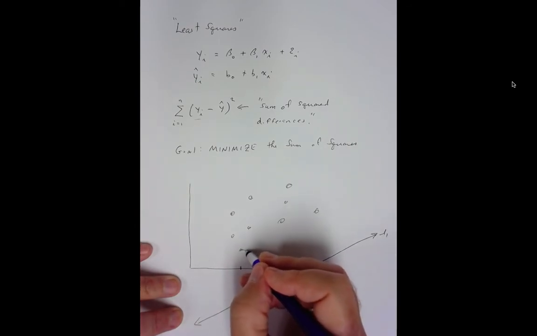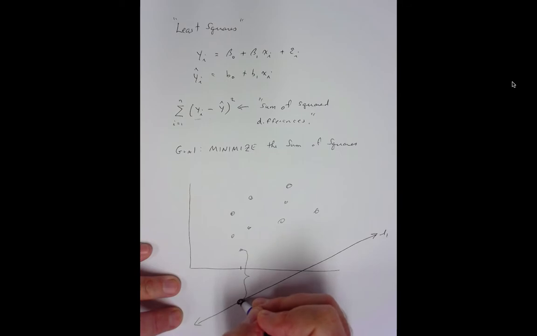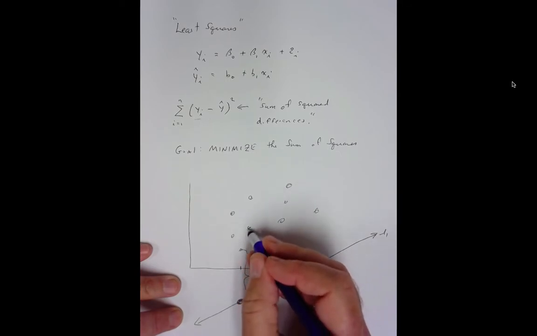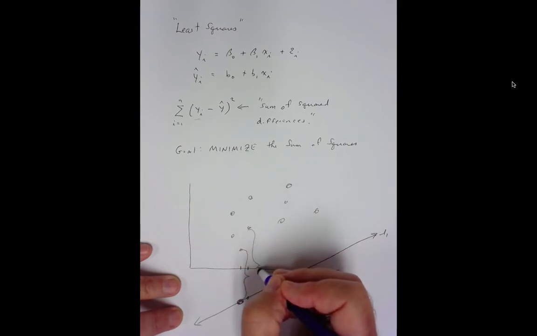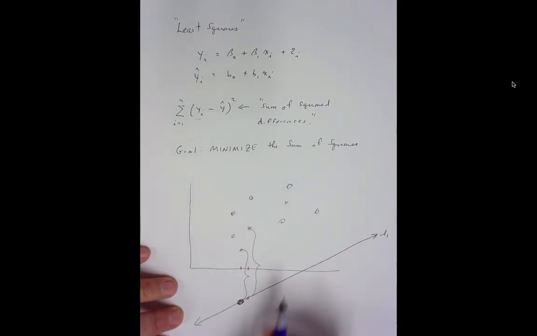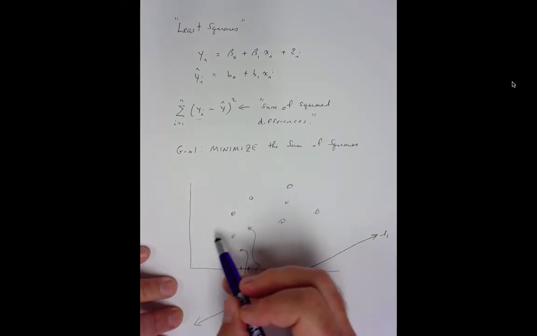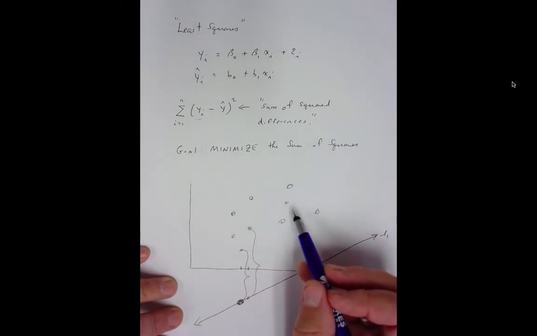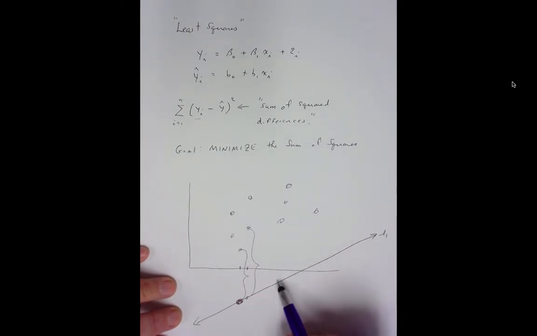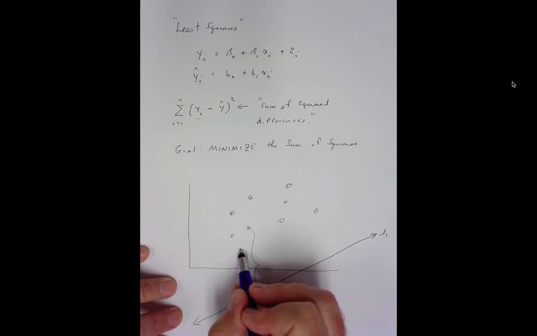The difference between the actual value and the predicted value, so I've got another x right here where I have a predicted value. You can see that those distances are going to be quite a bit because this line is a long way from the central focus of our data that we've collected. In fact, I may call this the line of worst fit. It doesn't fit the model well at all because our predicted values are so far away from our actual values.